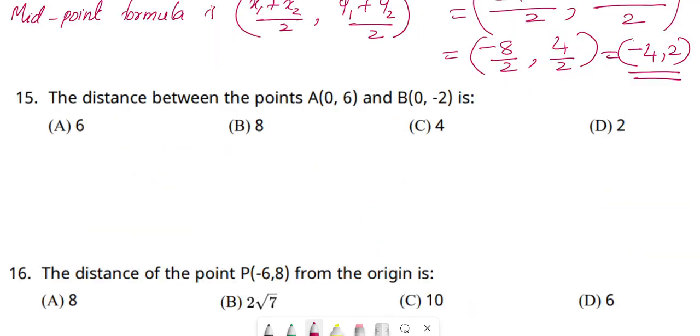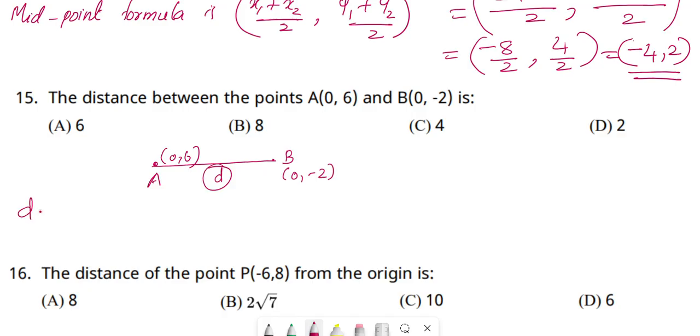Then the next question is the distance between the points A(0, 6) and B(0, -2). So we need to find the distance between these 2 points.